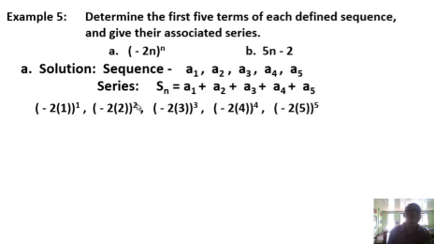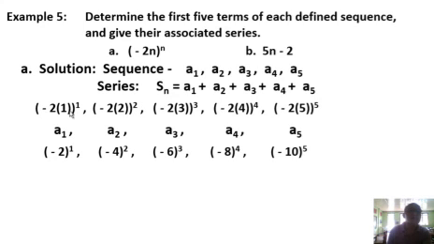Then simplify each term. When simplified, negative 2 times 1 is negative 2 to the first, negative 2 times 2, negative 4 raised to the second, negative 2 times 3 is negative 6 to the third, so on. Negative 2 to the first is negative 2, negative 4 to the second is 16, negative 6 to the third is negative 216. Then negative 10 to the 5th is negative 100,000.